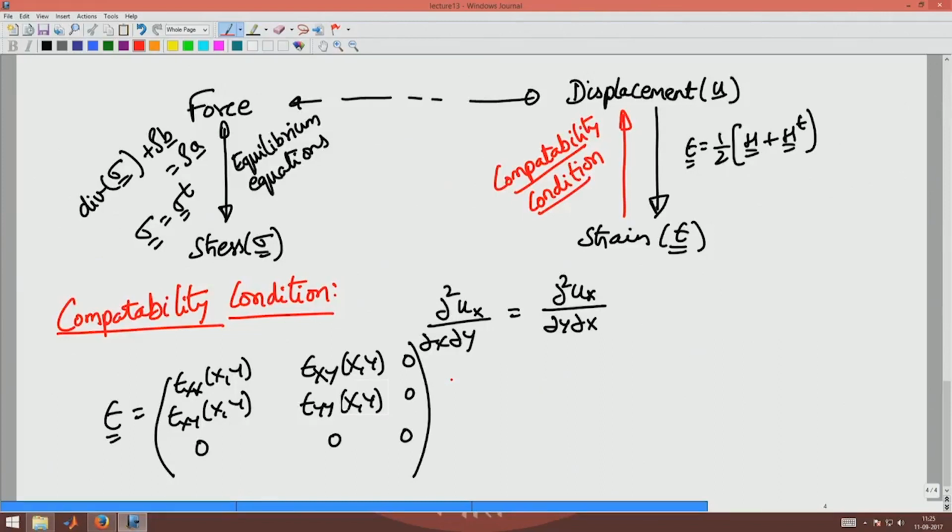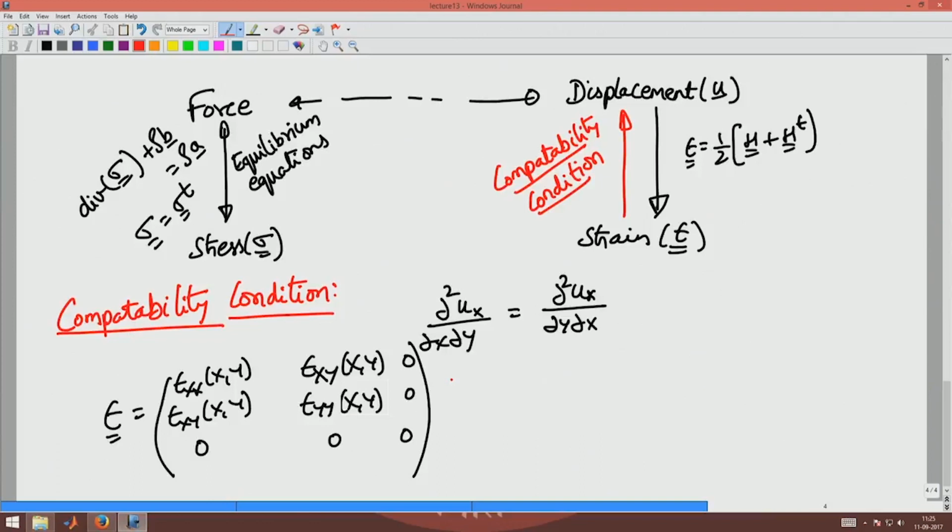For this I will have the displacement field as u equals ux, a function of x comma y, times ex, plus uy, a function of x comma y, times ey, so that epsilon xx becomes dou ux by dou x, epsilon yy becomes dou uy by dou y, and epsilon xy becomes 1 half (dou ux by dou y plus dou uy by dou x).